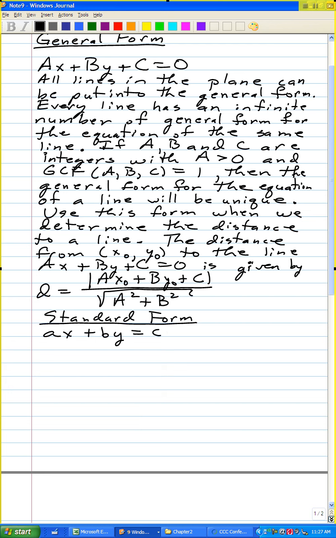Again, it looks almost identical to the general form. All lines in the plane can be put into the standard form.